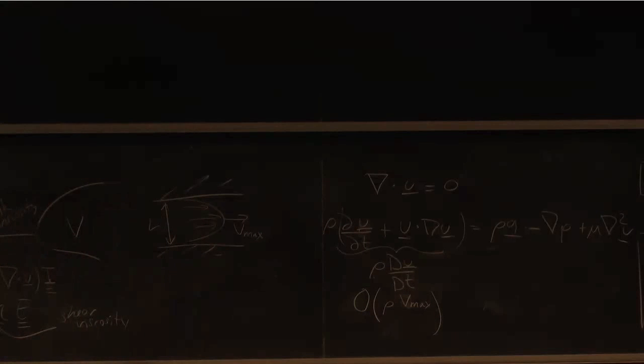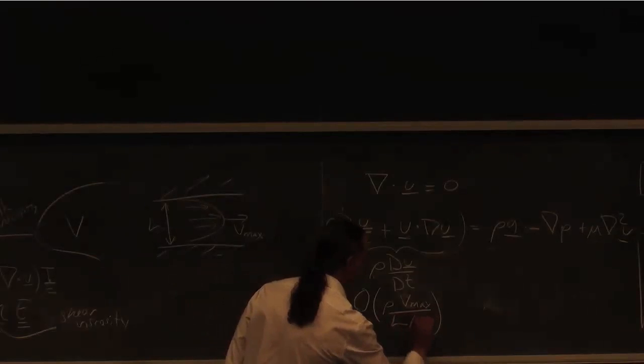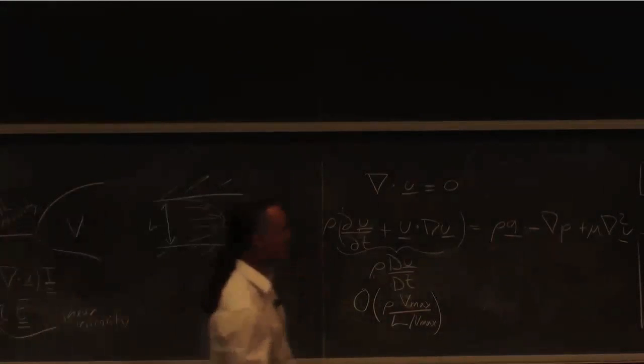How do we get time? Distance is speed times time. So time is a length divided by a speed. So L over V max. So that looks like density times maximum velocity squared over length. That's an estimate of the magnitude of the terms on the left-hand side.